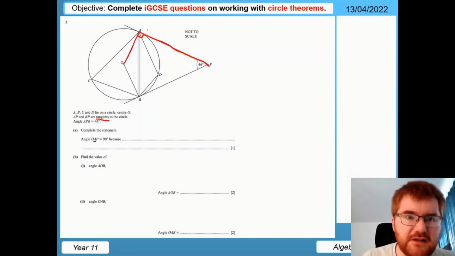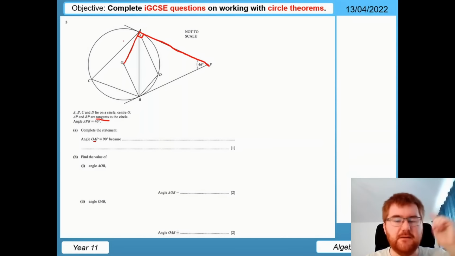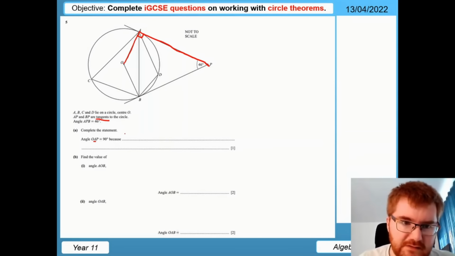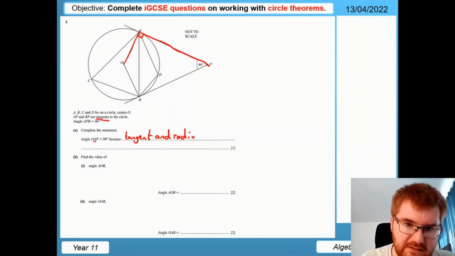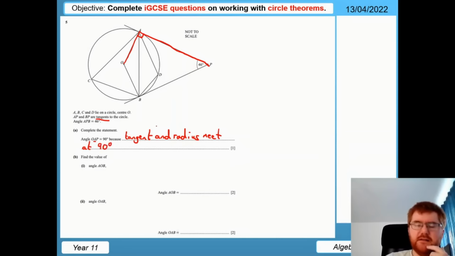So if you ever see a tangent and the radius, the first thing that needs to come to mind is they meet at 90. So angle OAP is 90 because tangent and radius meet at 90 degrees. And this is quite a common question they get you to answer as well. Okay, so key words here are tangent and radius. Make sure you mention that.